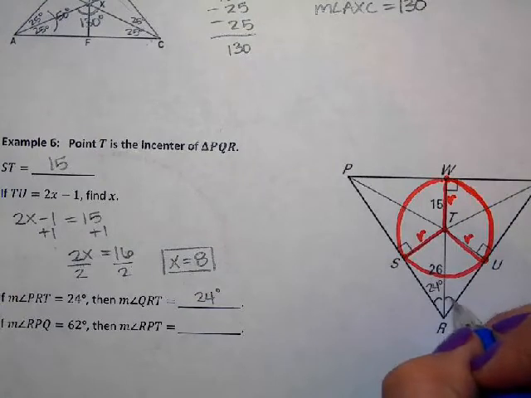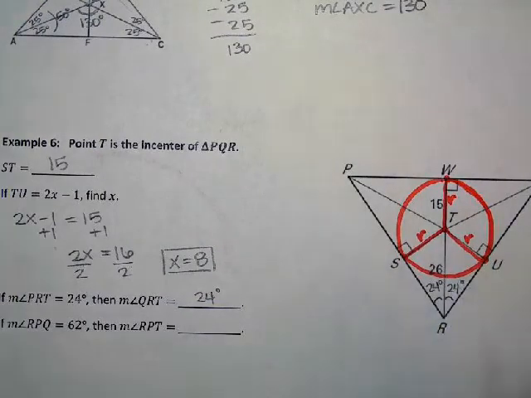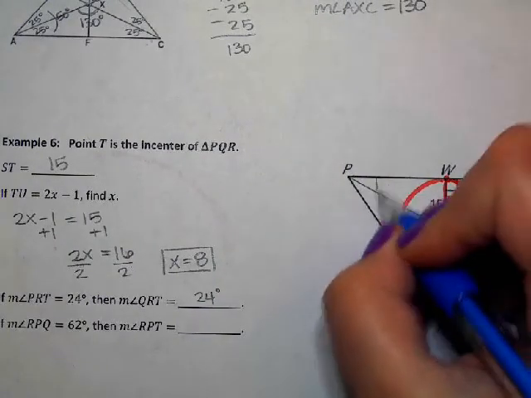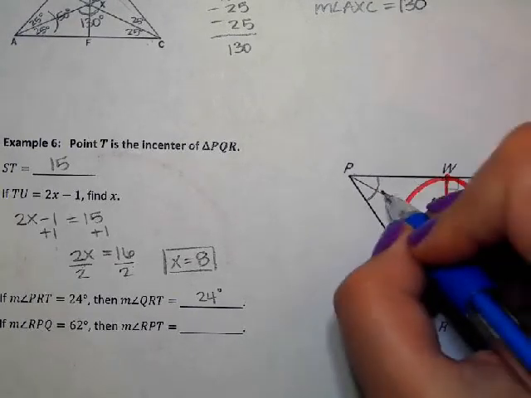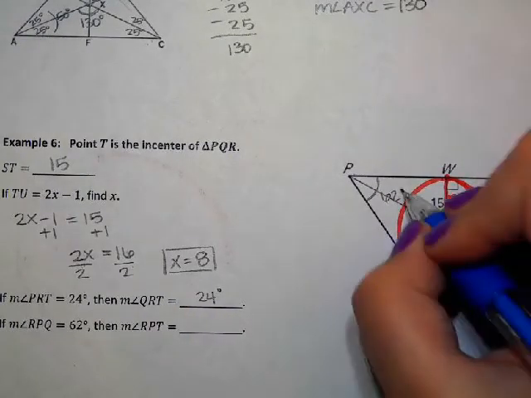Next, RPQ, so that's the whole thing, is 62. If RPQ is 62, then what is RPT? 31. Then RPT is 31.